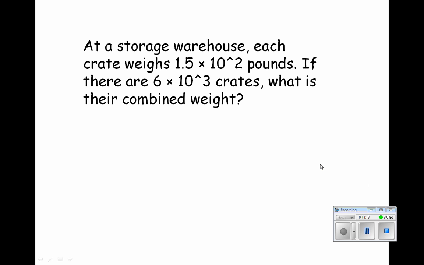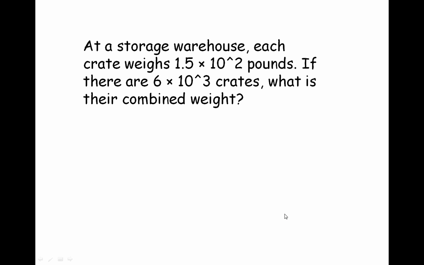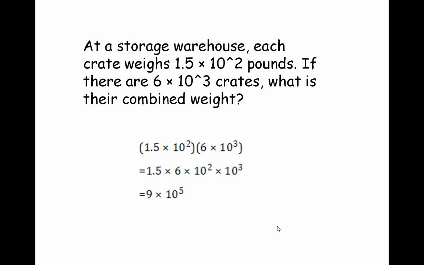Okay, let's discuss our first word problem. We have a warehouse. Each crate weighs 1.5 times 10 raised to 2 pounds. If we have 6 times 10 raised to 3 crates, what is their combined weight? In this case, we are going to multiply to find the combined weight.